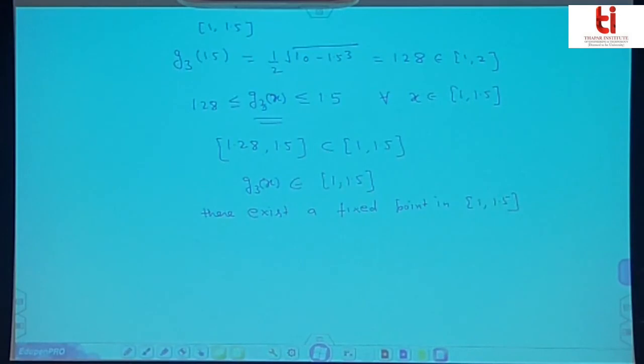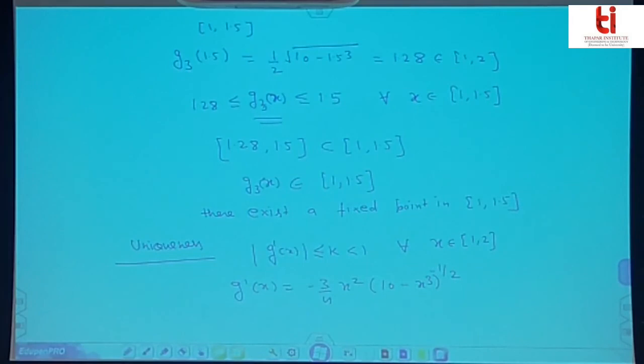Now we'll take the second condition, uniqueness. What is the uniqueness theorem? That is, |g'(x)| should be less than or equal to k, less than 1, for all x belonging to 1 to 2. If it is so, then we'll say there exists a fixed point and that is unique. So compute the value of g'(x). It is coming out to be minus 3 upon 4, x square, times (10 minus x cube) to the power minus 1 by 2.